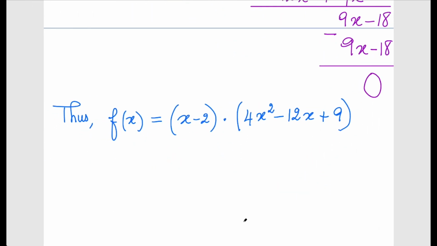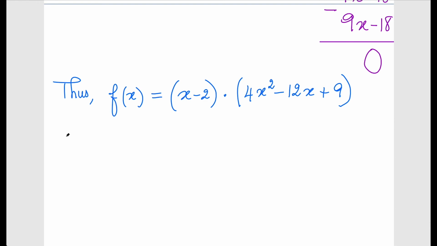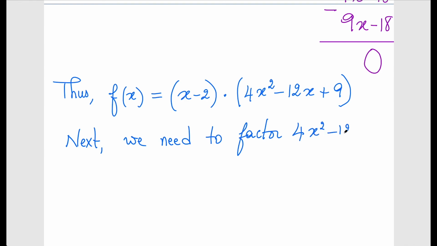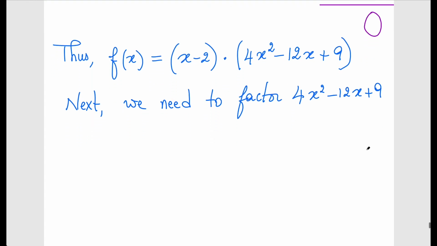So now, next, we need to factor 4x squared minus 12x plus 9, correct? And here, what are we going to use? If you don't have any intuition into it, let's use the quadratic formula. So to do this, we use the quadratic formula.